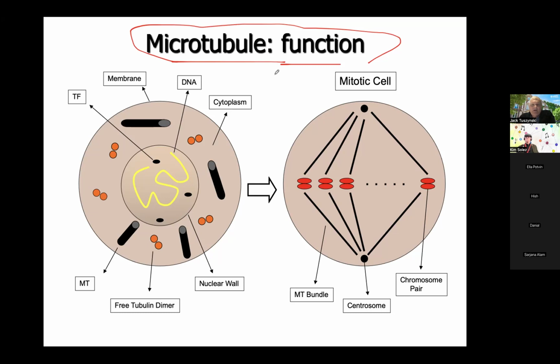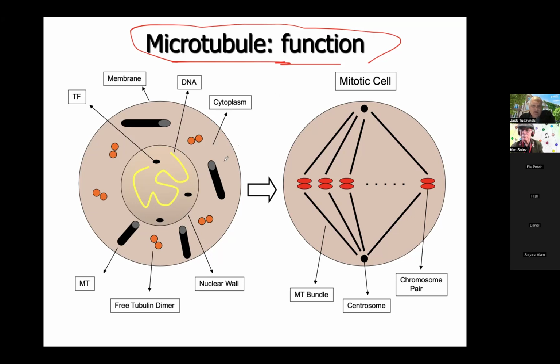But now we are moving to, well, microtubules are in plants as well, by the way, but we'll be focusing on mammalian cells, especially neurons, in fact, human brain. We'll get to it.